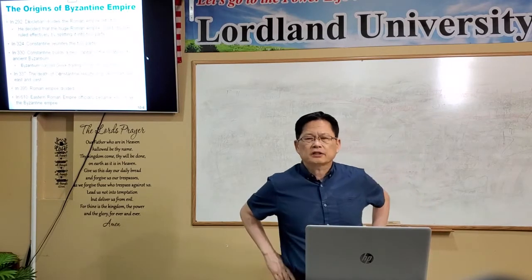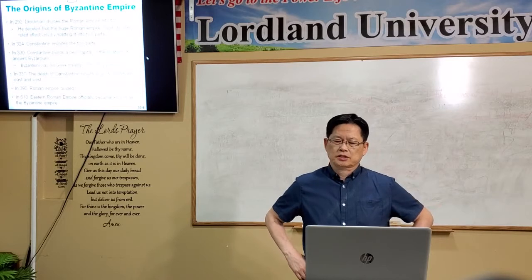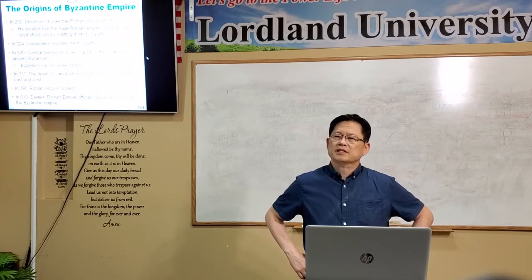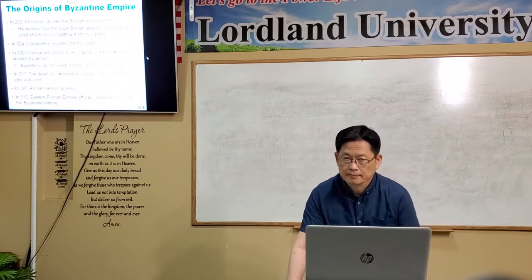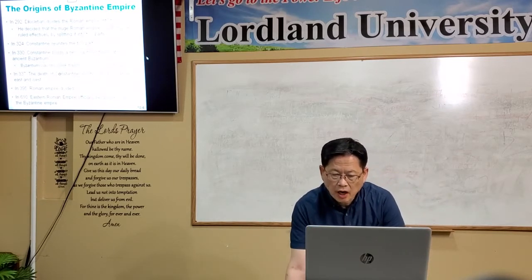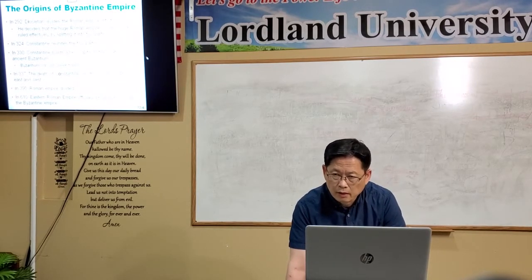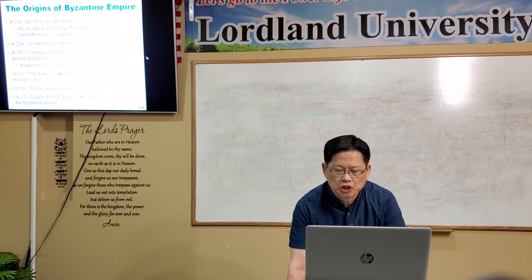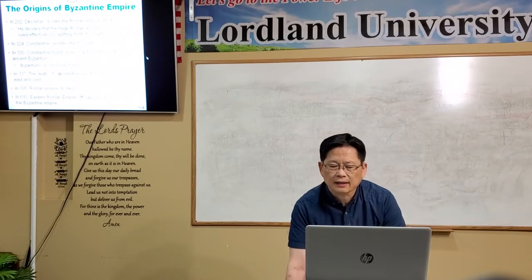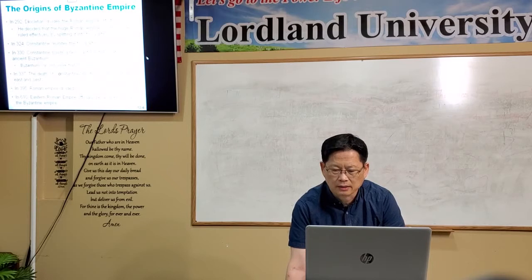This slide summarizes the origins of the Byzantine Empire. In 292, Western Roman Emperor Diocletian divided the Roman Empire into two parts.